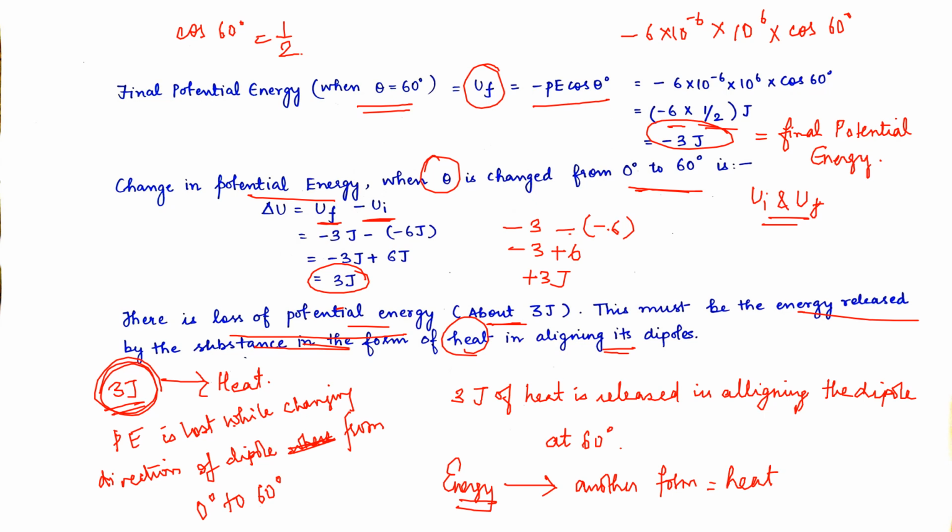So in this question we have understood what a dipole is and how a dipole gets affected by a change in angle through the introduction of an electric field or any other external parameter. In this case the external parameter was the change in direction of our dipole.